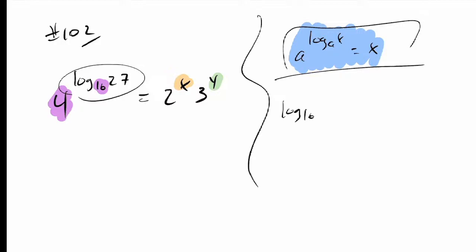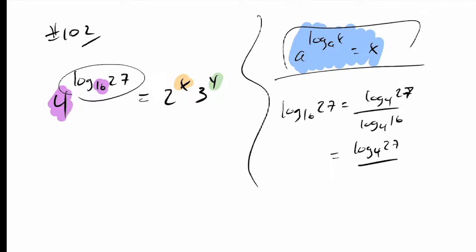So you can do your change of base formula: log of the base I want of the top divided by log of the base I want of the bottom. So this is log base 4 of 27 over log base 4 of 16, which is just 2.